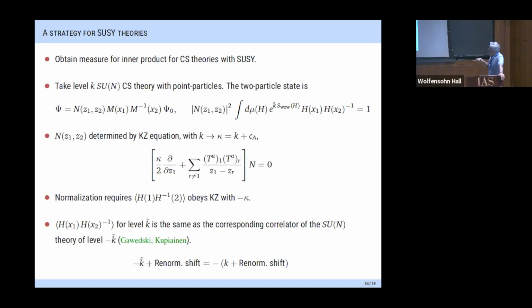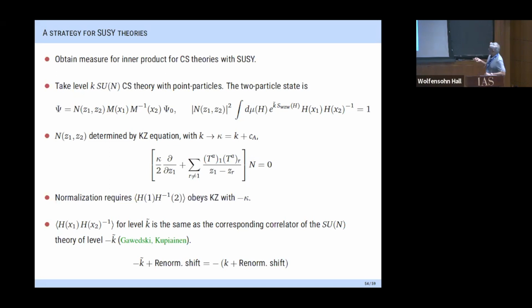That equation takes the form: there is d over dz, and the charges enter here, acting on N is 0. It's a fairly simple equation, but this KZ equation is what determines this factor here, and it's also what determines, from the conformal field theory point of view, what are called conformal blocks. This N is basically like a conformal block of the theory.